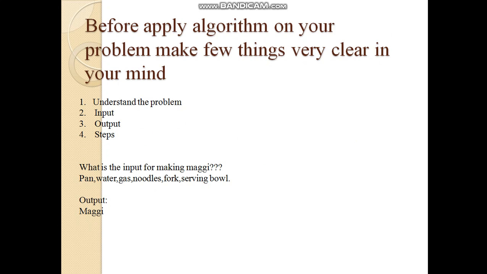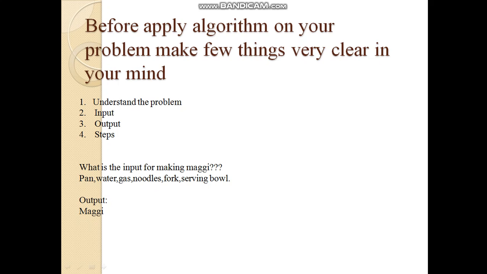The next is input. What is the input you require for solving your problem? In the previous example of making Maggie, your input is pan, water, gas, noodles, fork and the serving bowl, and your output is nothing but Maggie.